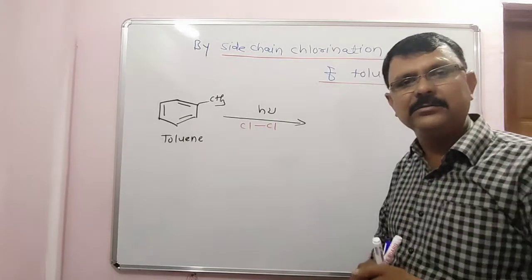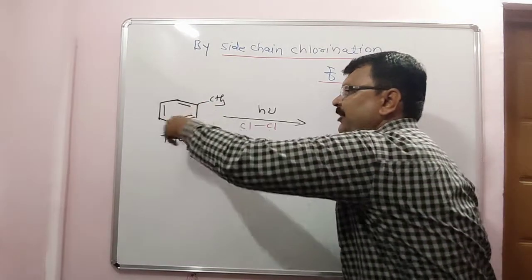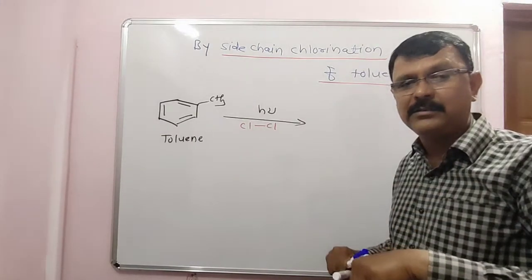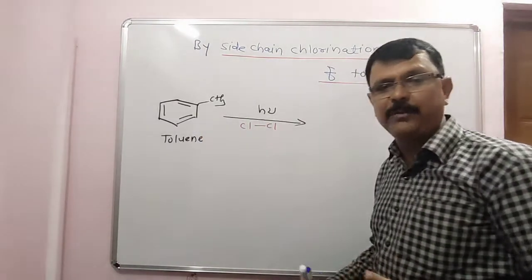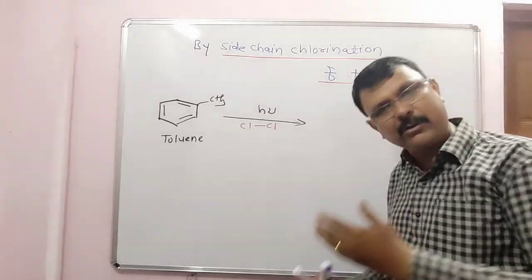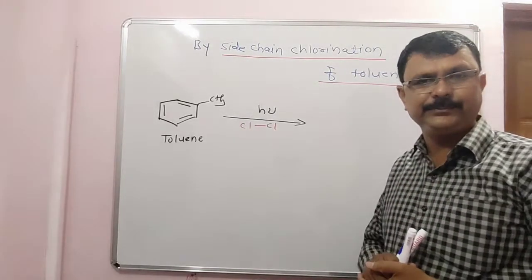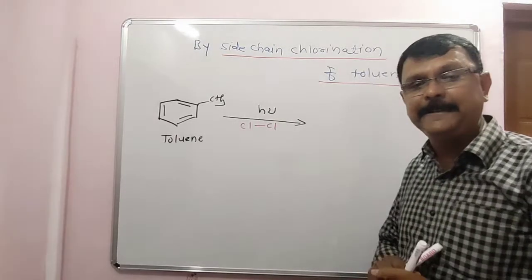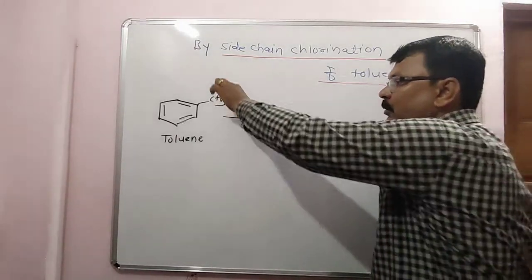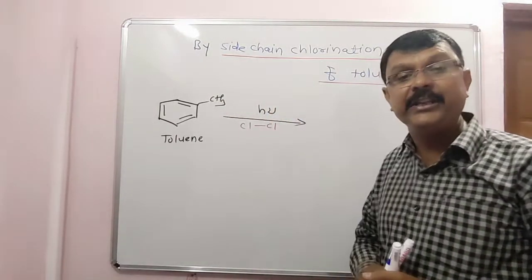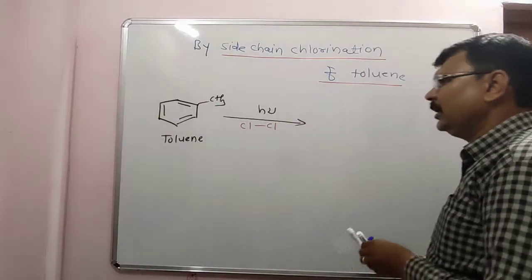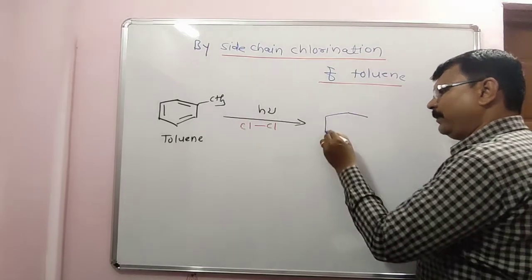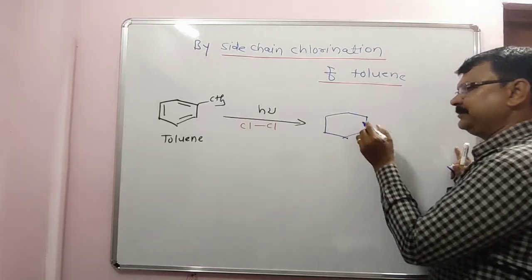In dark, substitution occurs only on the benzene ring, forming ortho or para chlorotoluene. But in presence of light, substitution occurs only on the side chain. First it gives benzyl chloride.